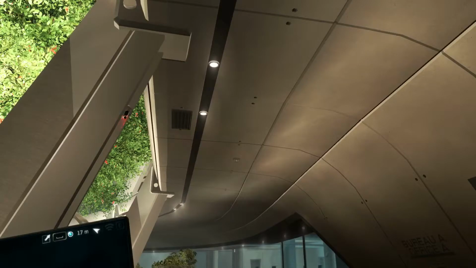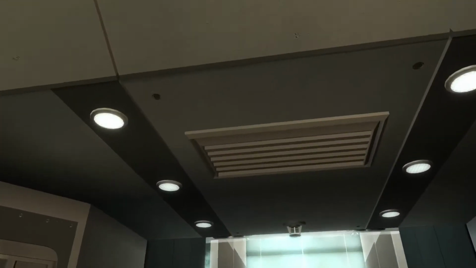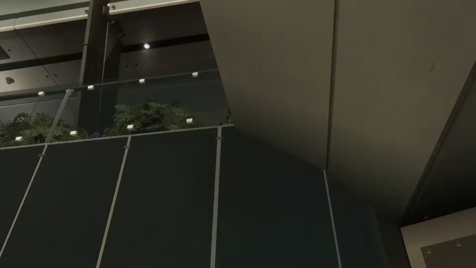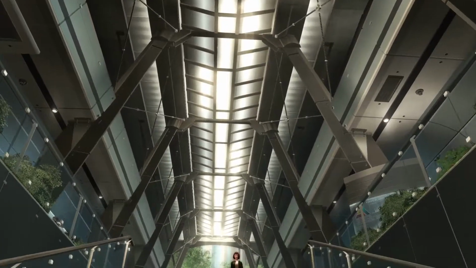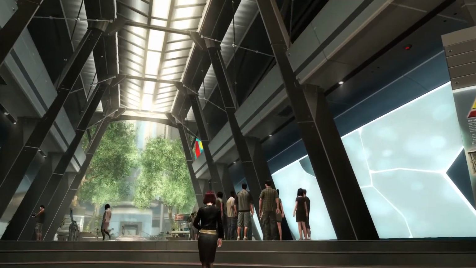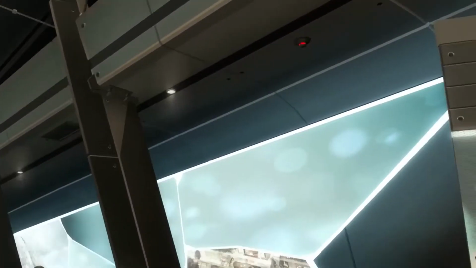I mean look, they even have sprinklers. I normally don't see sprinklers in a game environment. It's just one of those details you don't really see that much. And I'm pretty sure that in this environment, there's two different types of sprinklers, unless these red things are smoke alarms.